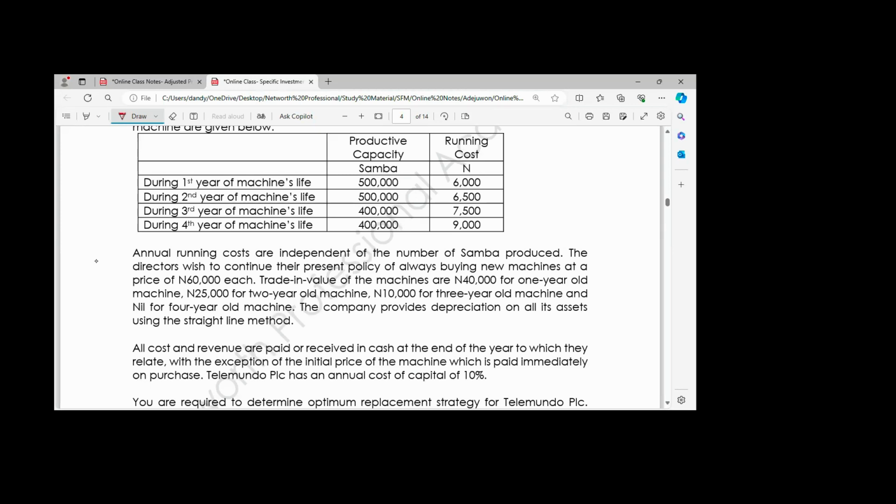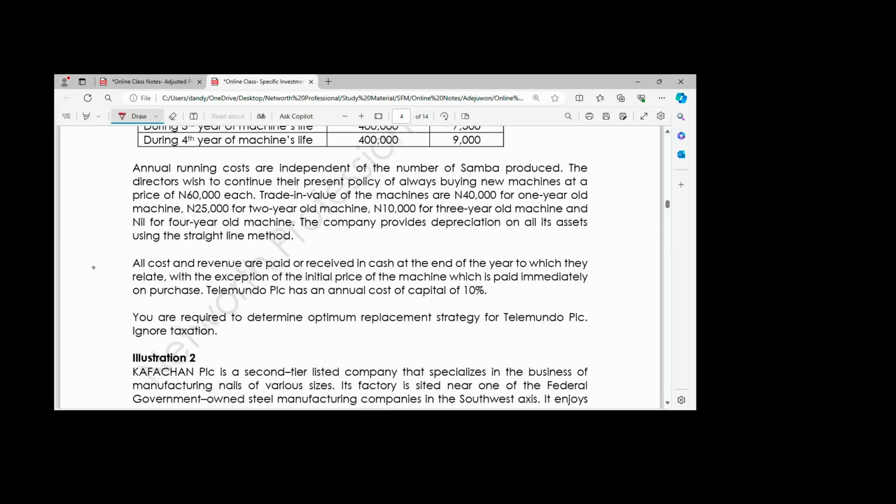The company provides depreciation on all its assets using the straight line method. All costs and revenue are paid or received in cash at the end of the year to which they relate, with the exception of the initial price of the machine, which is paid immediately on purchase. Telemundo PLC has an annual cost of capital of 10%. You are required to determine the optimum replacement strategy for Telemundo PLC. Ignore taxation.